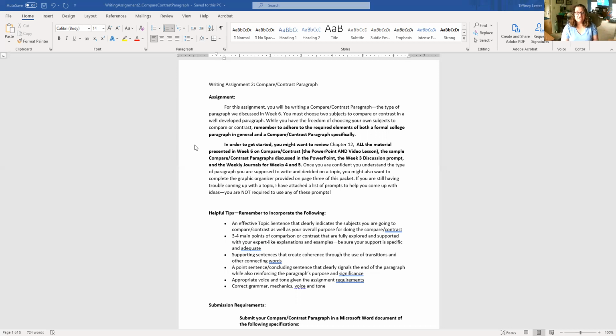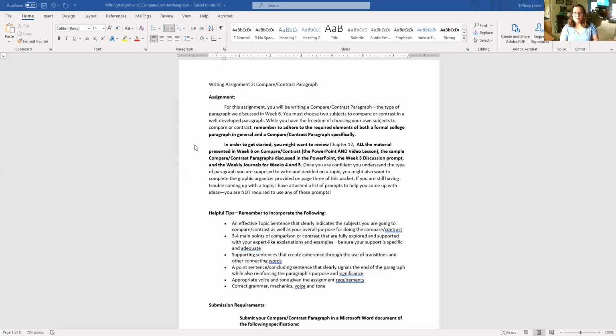But once you're confident you understand the type of paragraph that you are supposed to write and you've decided on a topic, I have included graphic organizers again, just like I did last week, that you can use to help you plan the paragraph, okay? Not required, totally there for your benefit, okay? If you're still having trouble coming up with a topic, page 2 of this assignment packet lists some potential topics that we'll look at here in just a moment.